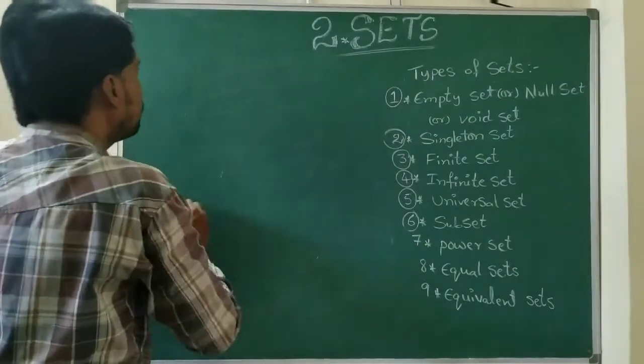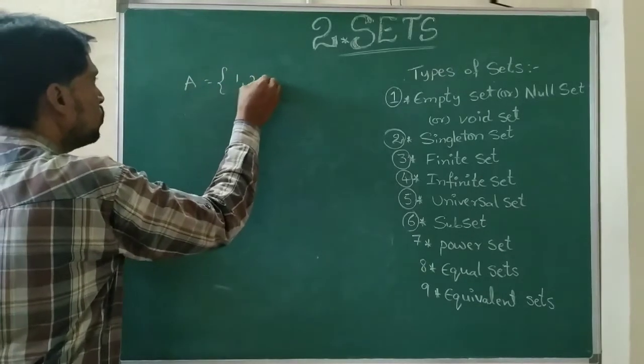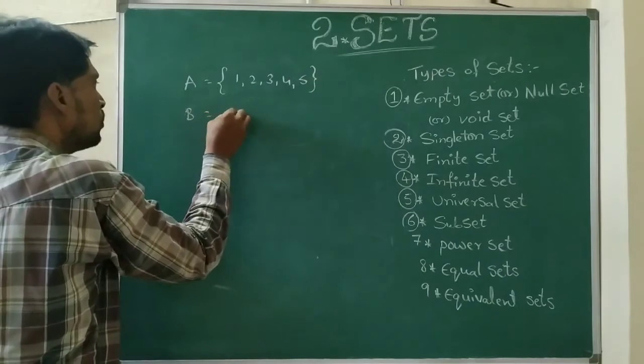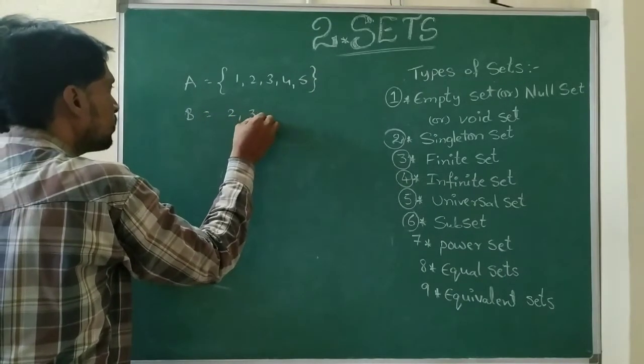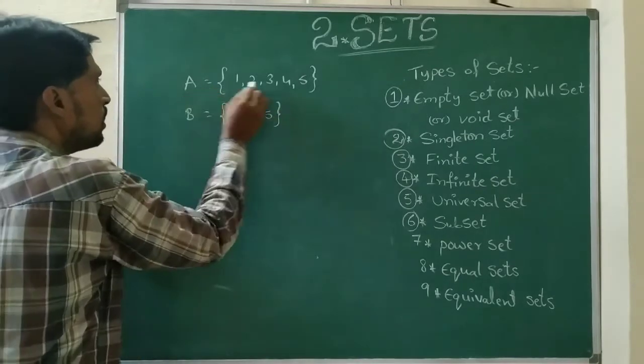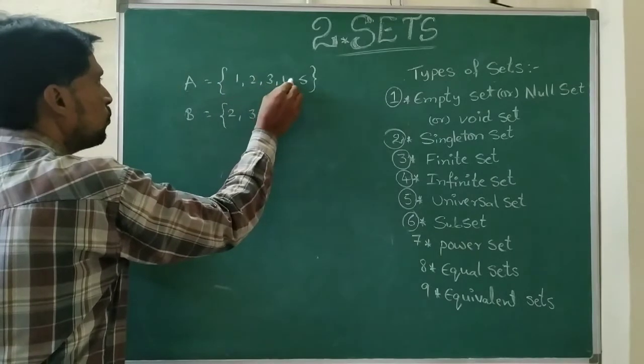For example, A equals 1, 2, 3, 4, 5 and B equals 2, 3, 5. Set A has the elements 1, 2, 3, 4, 5.